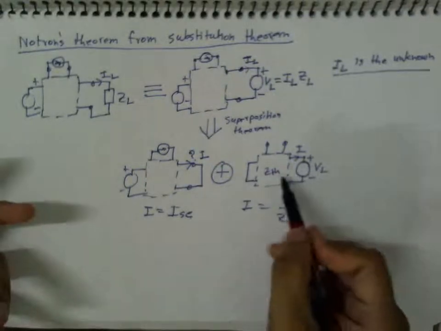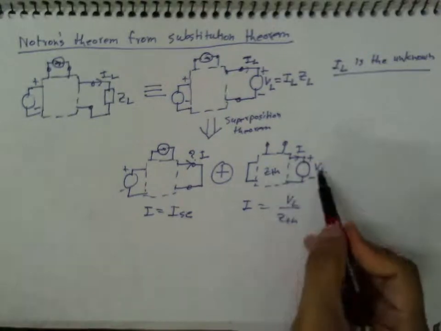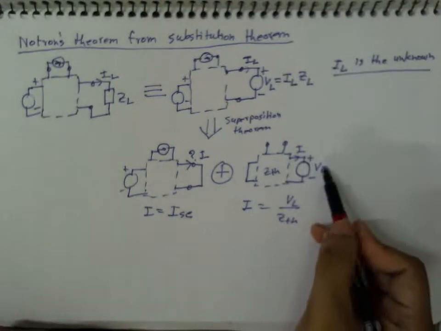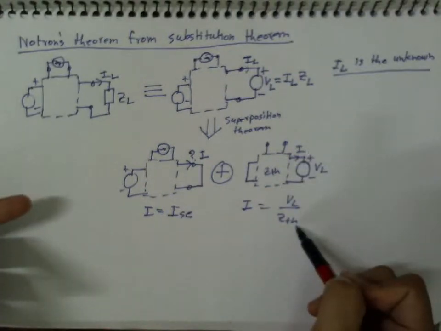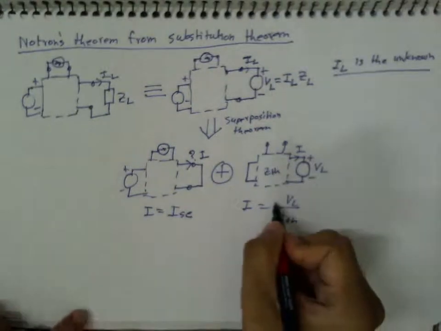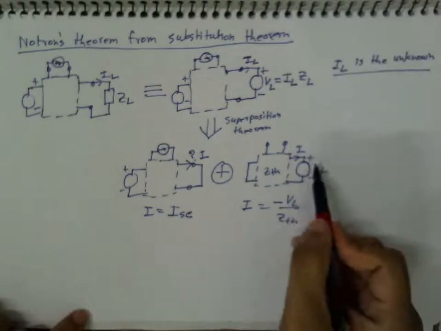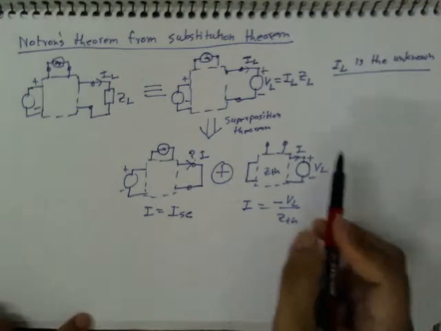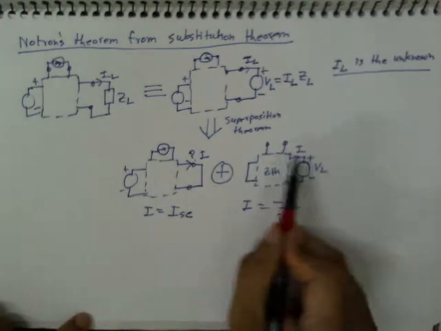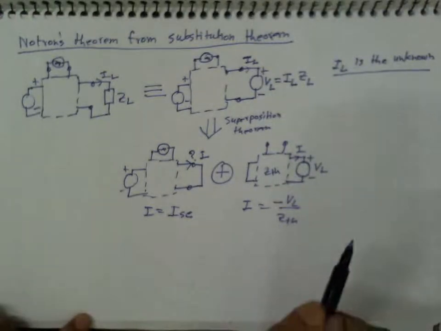Again, by definition, ZTH is the internal impedance. So if I apply this voltage source, the current will definitely be voltage divided by the impedance. But yeah, we should have a minus sign here because this is plus and this is minus for the voltage source, but my chosen direction for current is from left to right, so I should have this minus.